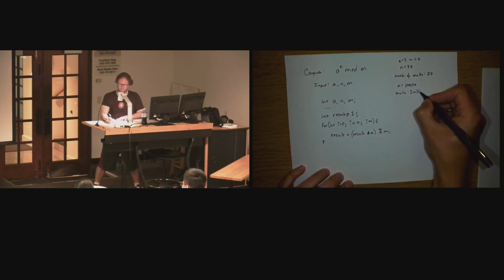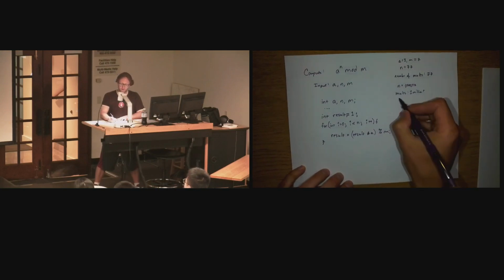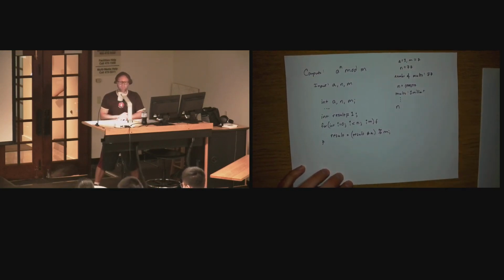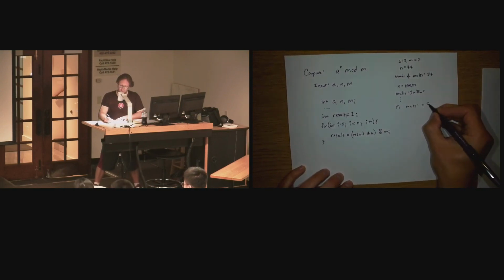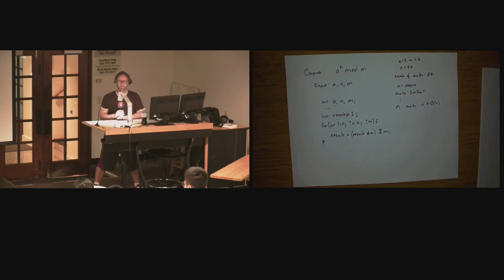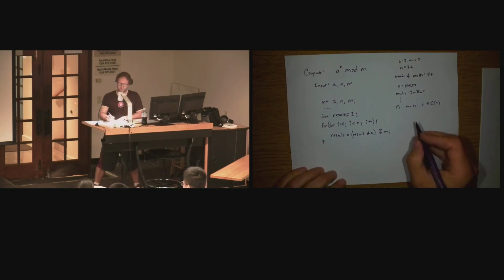I'll just go 1 million plus. What if I just said it was n? How many multiplications? N. So this is going to be, oh, it's linear. Is it linear? Okay. We'll answer that question and come back to it.